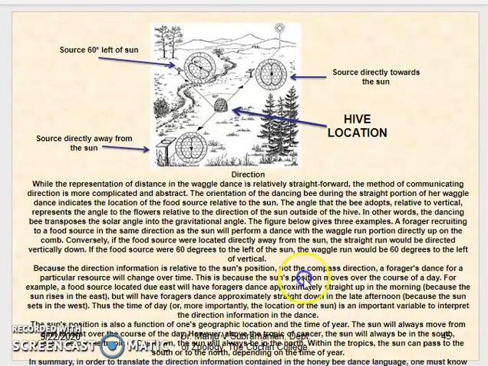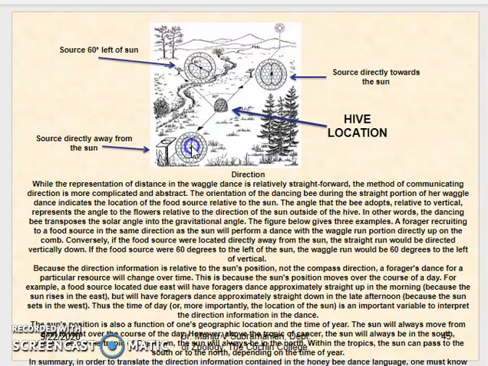And the orientation of this movement also happens with respect to the direction of the sun. If the food source is towards the sun, they waggle upwards. Towards the sun means they will waggle their tail and move upwards.